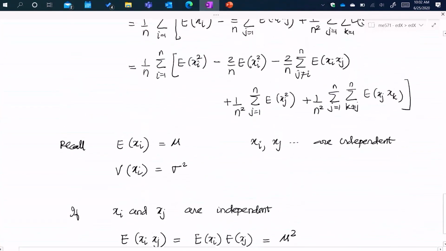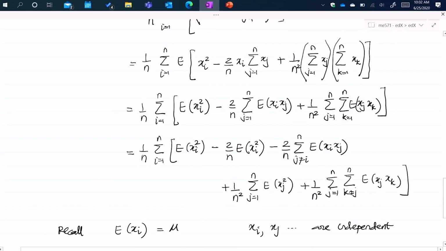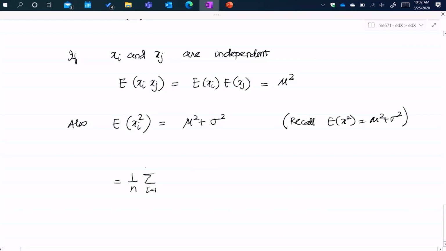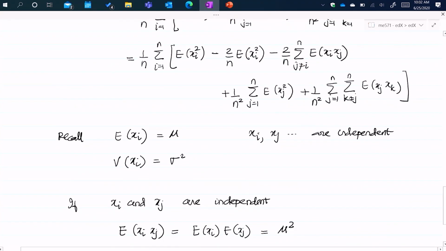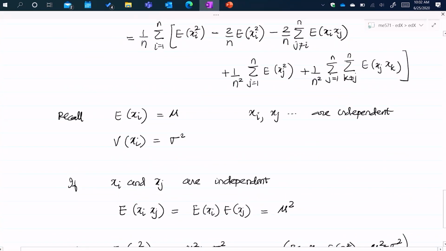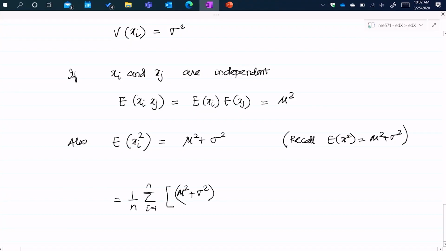So this expression now becomes 1 over n summation i going from 1 to n. The first term is the expected value of x squared, so I can write that as mu squared plus sigma squared. The second term is minus 2 over n expected value of x squared, so together I can write that as minus 2 over n times mu squared plus sigma squared.